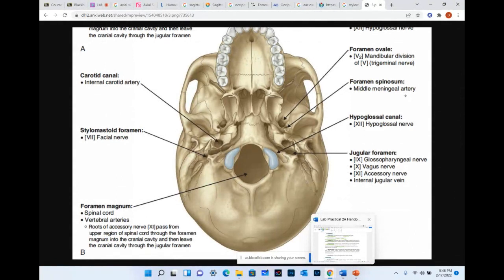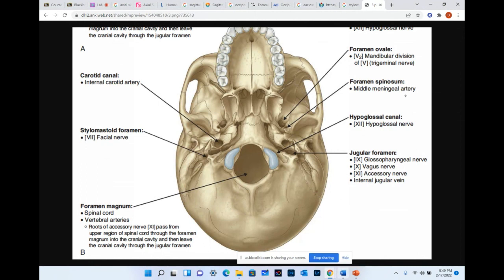So this right here is your styloid process, mastoid, stylomastoid foramen. This is your carotid canal, just medial to it, and right behind it, this is your jugular foramen. External occipital protuberance. These are your occipital condyles. This is your mandibular fossa. This is your zygomatic process.